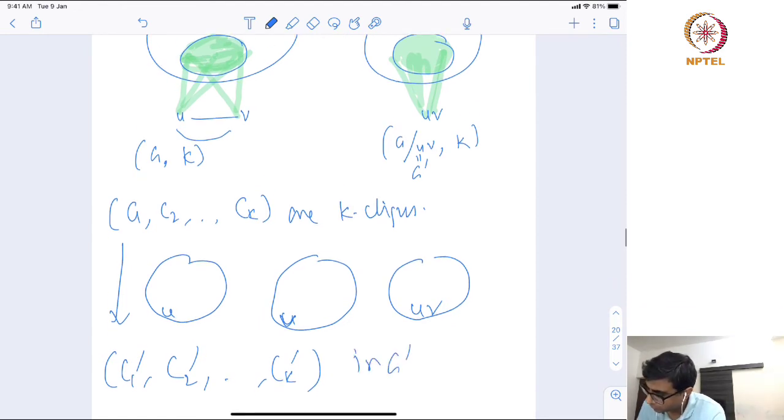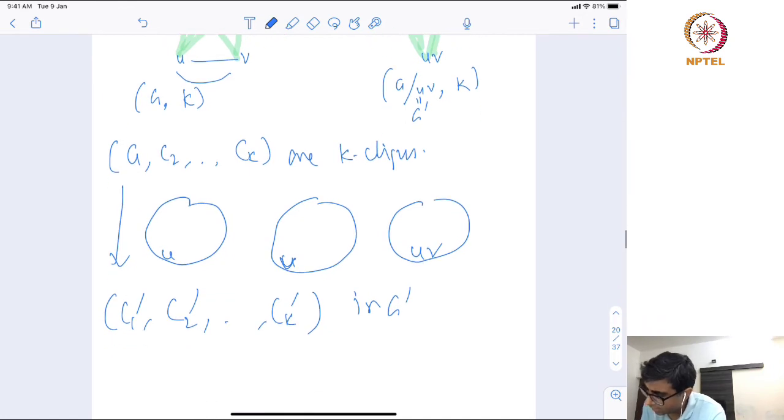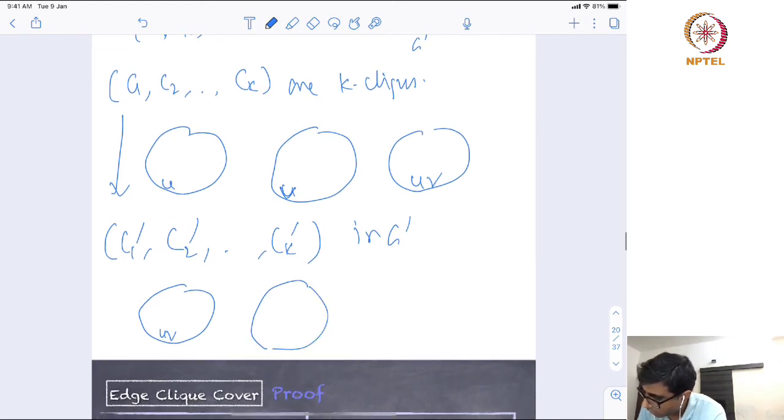How do I do this? For a clique containing U, I am not going to do anything except replace the name with UV. Likewise where it contains V, I replace it with UV, just a naming change.